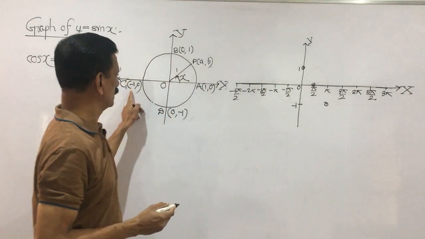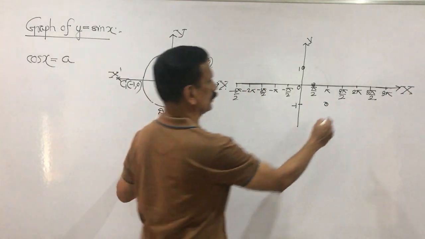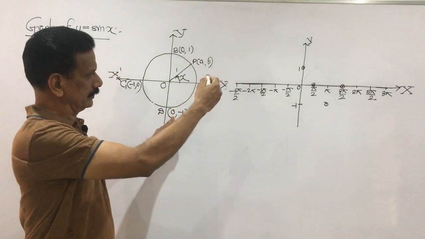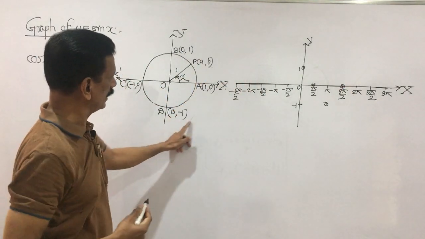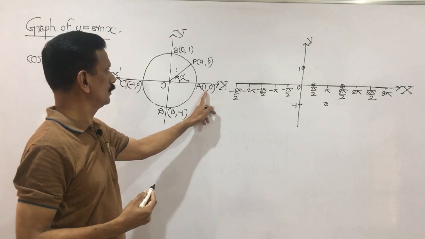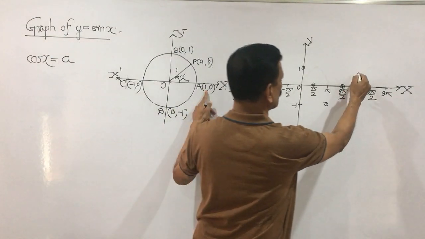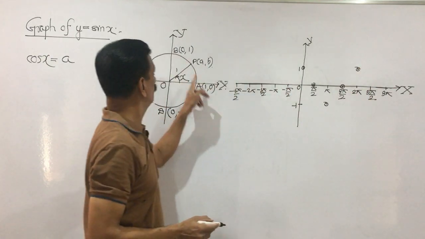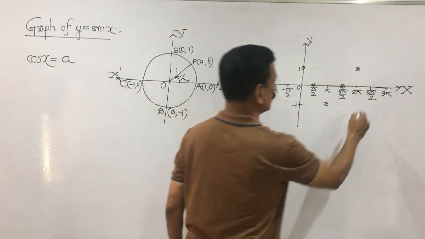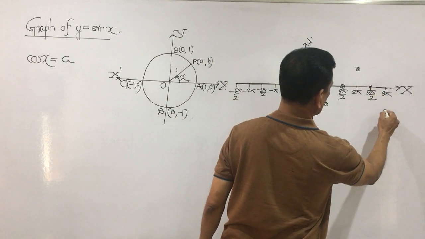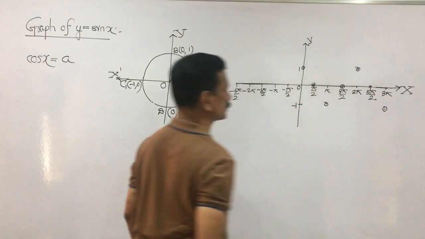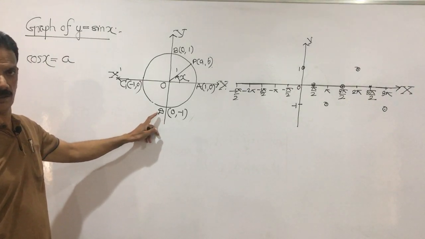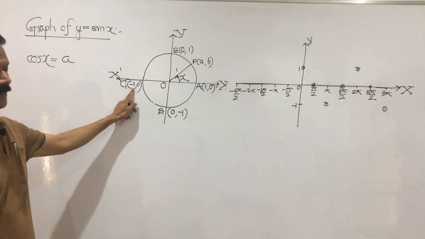When it is 3 pi by 2, again you are getting 0, means I put it here, decreases, increases, and again it increases and goes to 1, means this is your next point. And next 5 pi by 2, the value is again 0, and next it becomes minus that is 3 pi. 3 pi means you are getting minus 1.